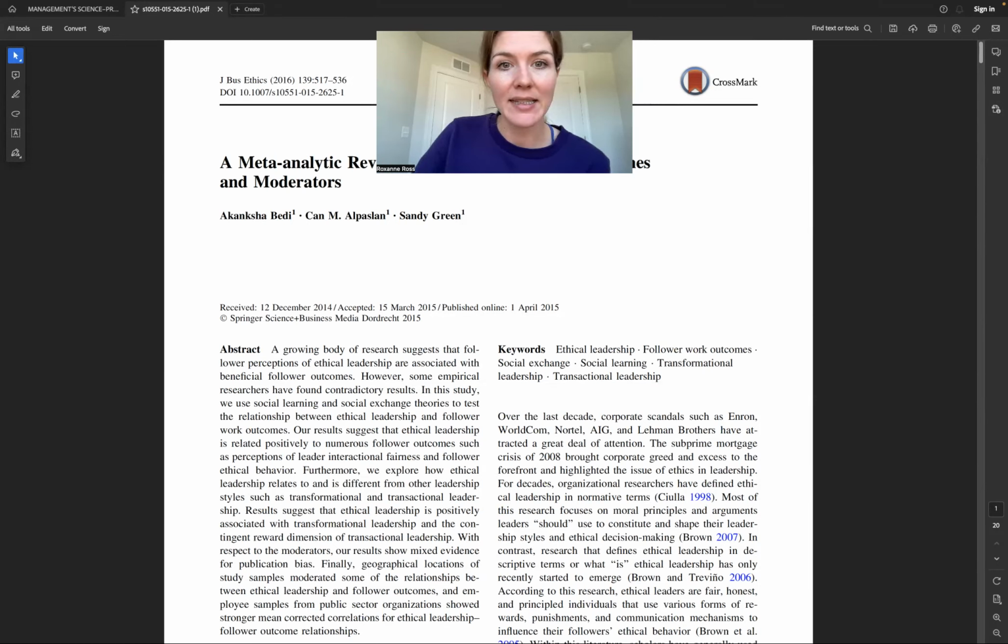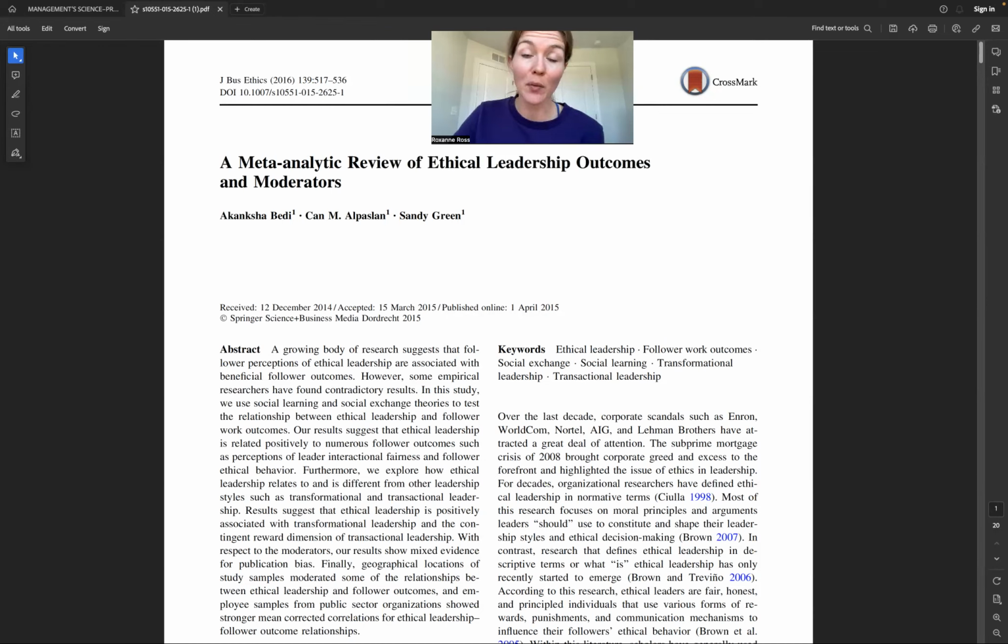In this case, let's say I'm interested in looking at the relationship between ethical leadership and ethical behavior. I can tell from my searching of the literature that this is most likely going to be an article that is pretty closely related to what I'm interested in. We see in the title that it says meta-analytic review.